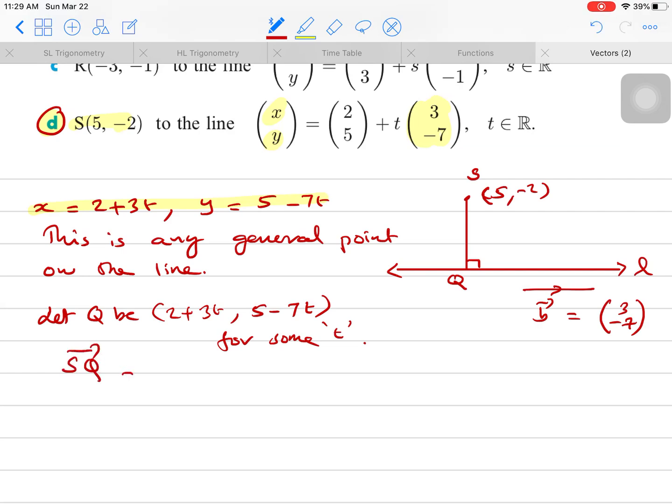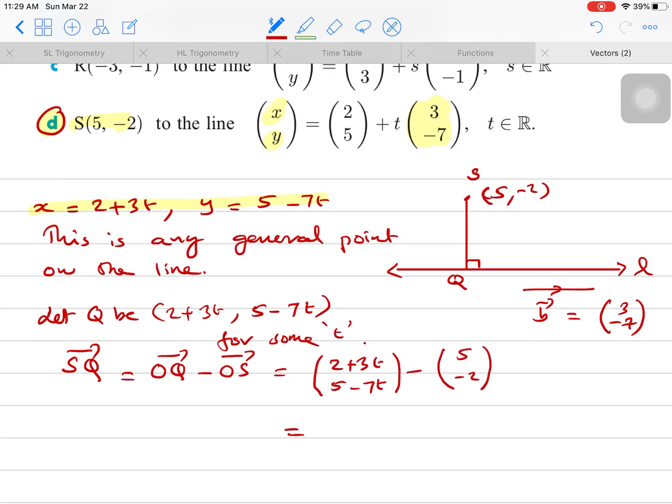And what is vector SQ? OQ minus OS. OQ is 2 plus 3t, 5 minus 7t, minus OS, which is 5, negative 2.